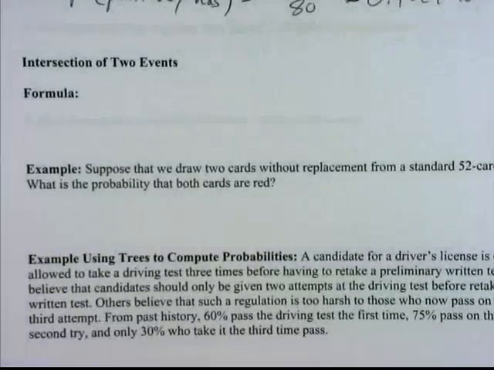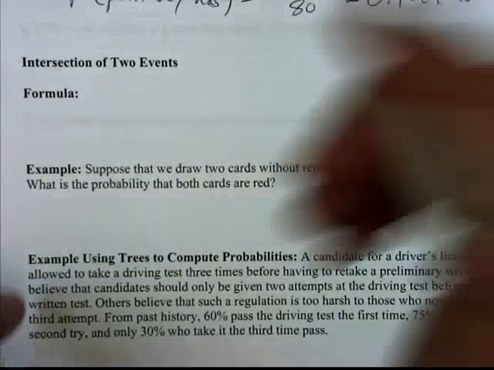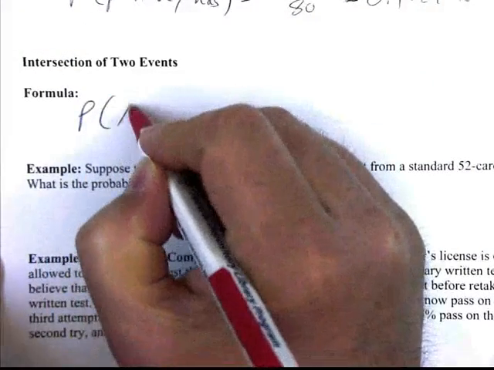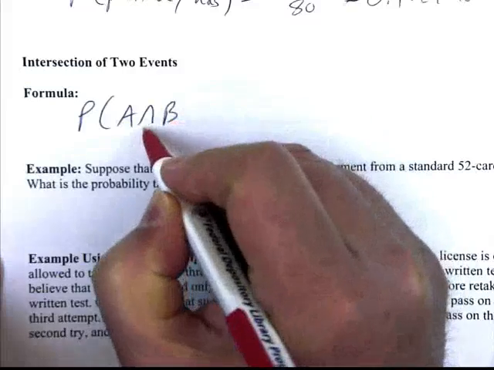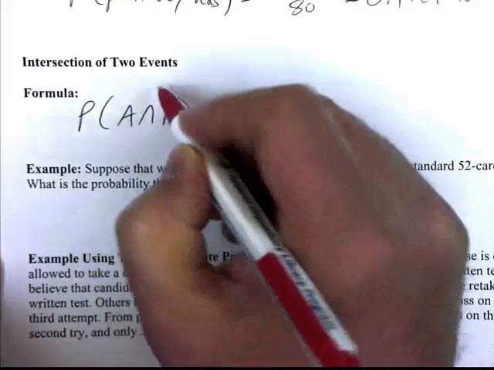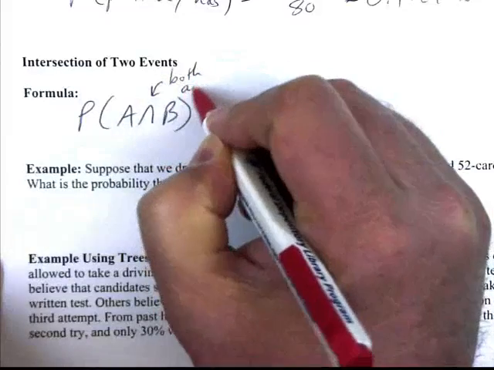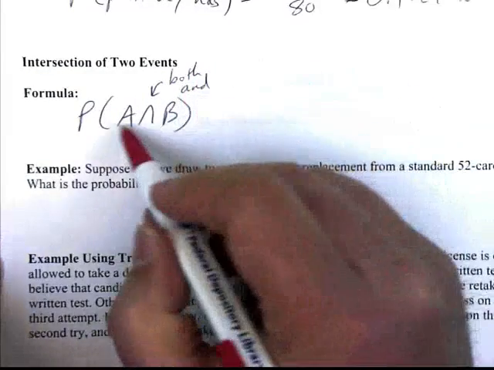The next thing we want to look at is the intersection of two sets. If you remember from a previous lecture, we talked about the intersection of two sets being the probability of A and B, using the notation we used. The key word is both, or another key word is and.